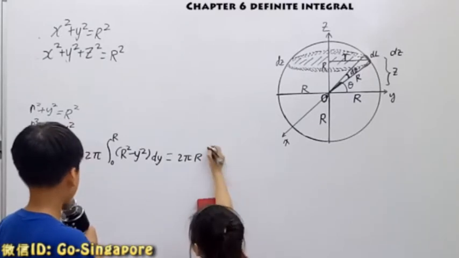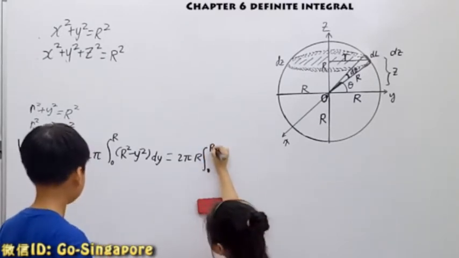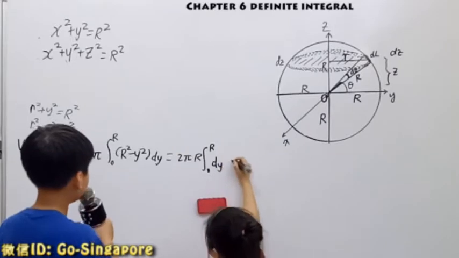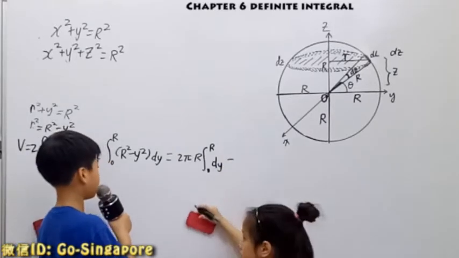So for this, okay. Well, I think you missed out something. Your square.